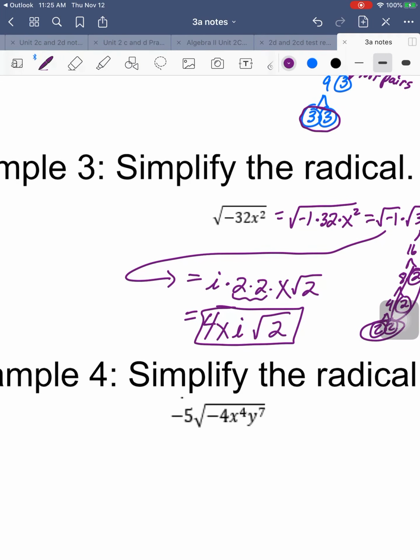All right. Last example, we have a number on the outside, an integer, and we have a number on the inside and variables. So we got a lot of stuff going on, but we can just take this slowly, one at a time, and we'll figure this out. So let's divide up that. Get that -4 out of there, so -1 to make it positive.